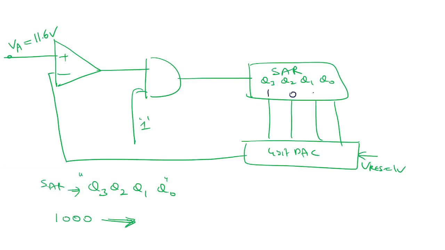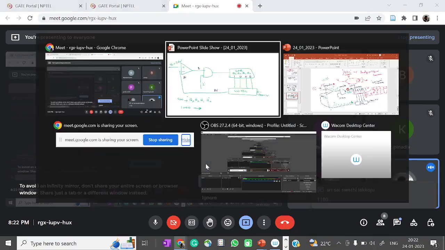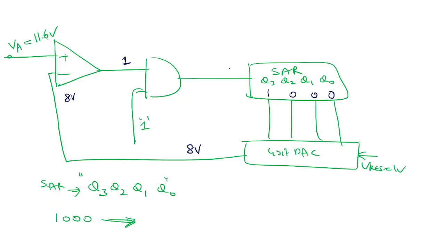So 1000 first. The output is going to be 8 volt. 11.6 is greater than 8. So output is 1. Correct? Good, guys. Since it is 1, don't do anything, don't change this. Now you make this 1100.